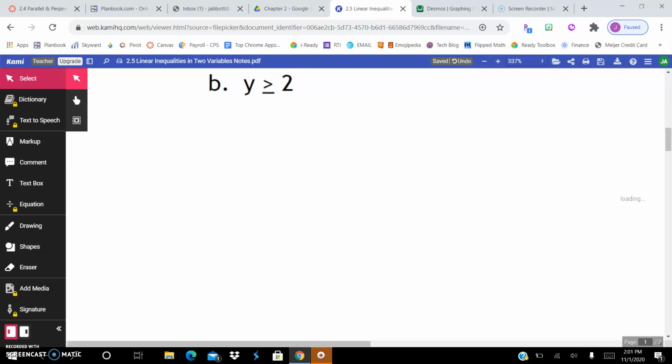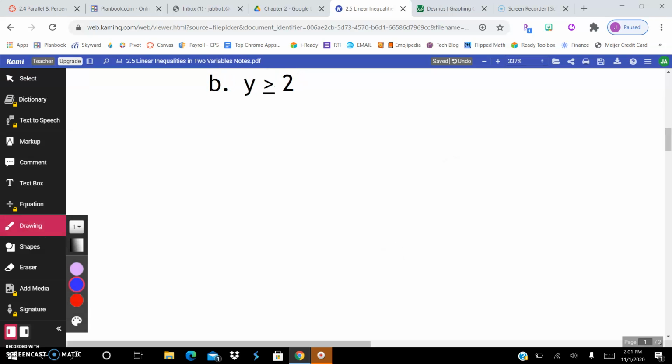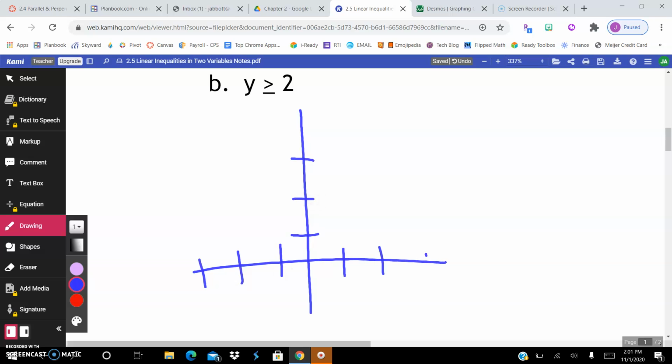So for part B, we're going to do the same thing. Notice there is not an x here. So what that means is that the slope is 0. So this equation is really 0x plus 2, because that 2 is positive.